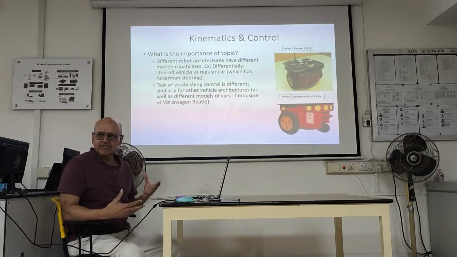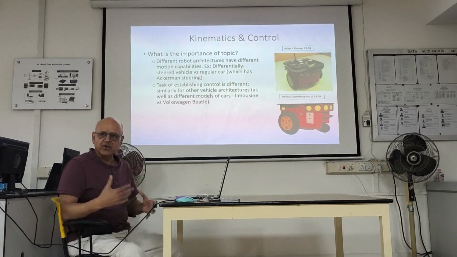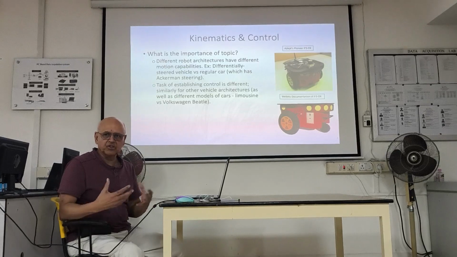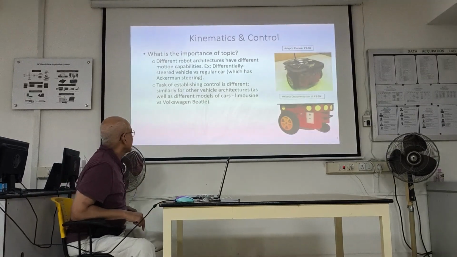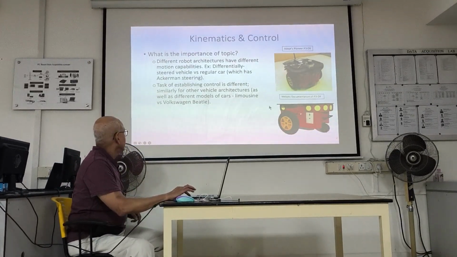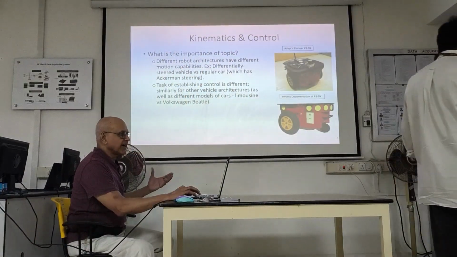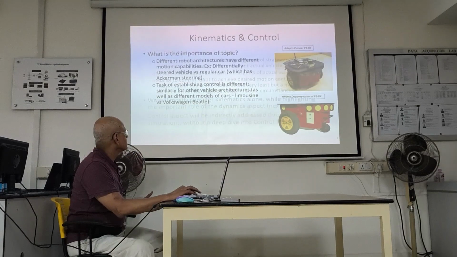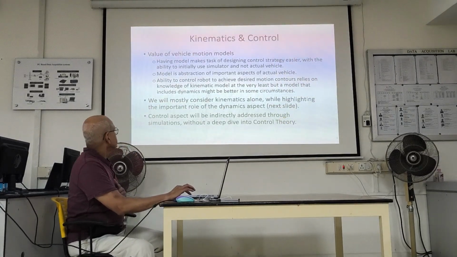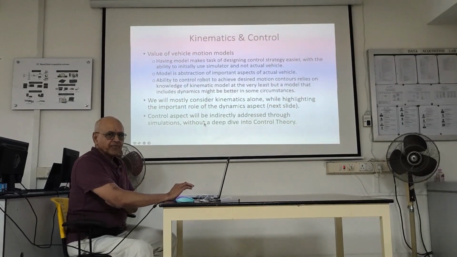So dogs are on 4 feet, humans on 2 feet. It's not the same. The motion is not the same. So that's the reason for studying the architecture of motion. Now, why do we need a model at all?